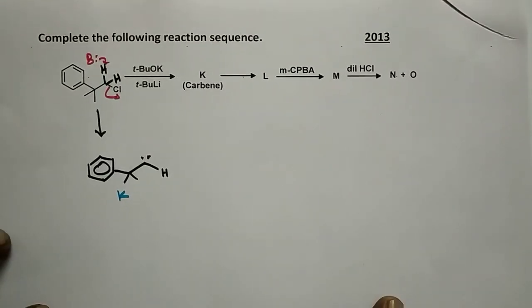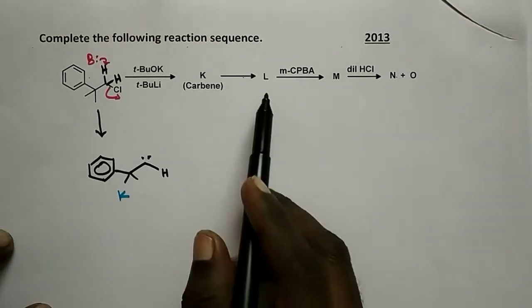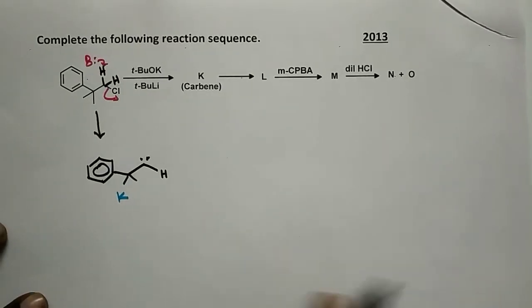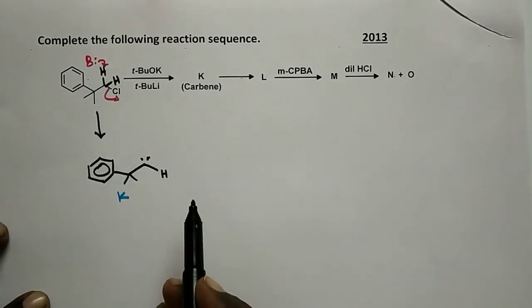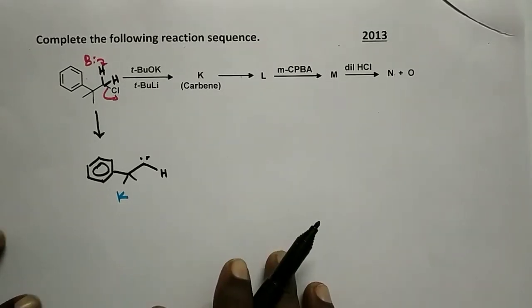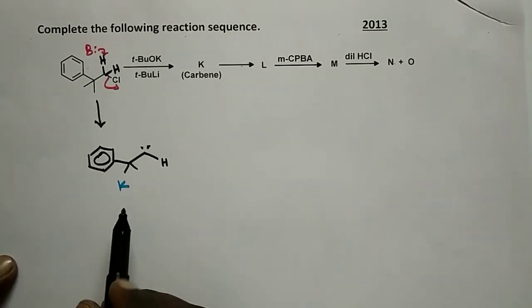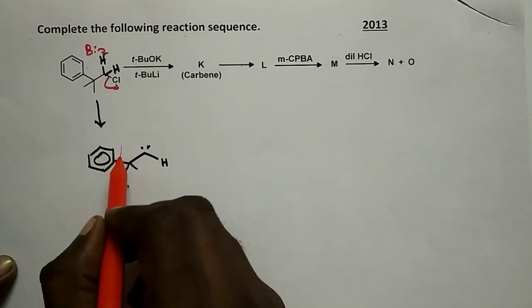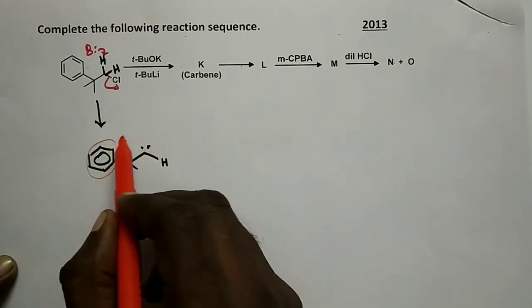And the next step is, carbene gives L, because carbene is an unstable intermediate species. So it will do some other reaction. Two reactions I expect. First reaction is a rearrangement. This entire group rearranges.